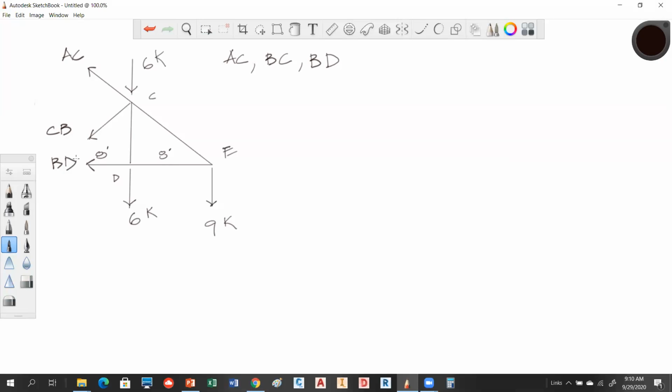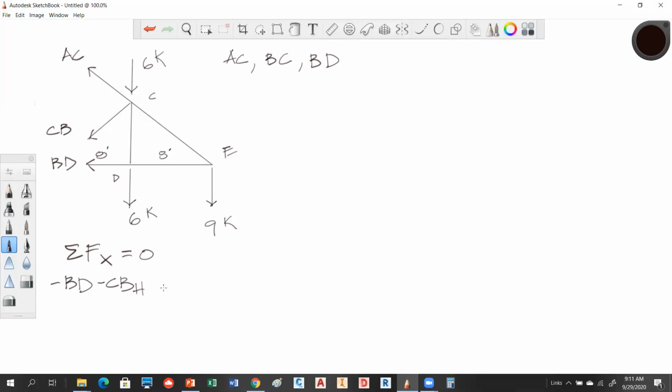So I'm going to go ahead and do my sum of forces in X first. That's usually pretty straightforward. There are no vertical forces that are external, so everything's coming in X and Y, based on those members. So we have minus BD, and then we're going to have minus CB horizontal, correct?